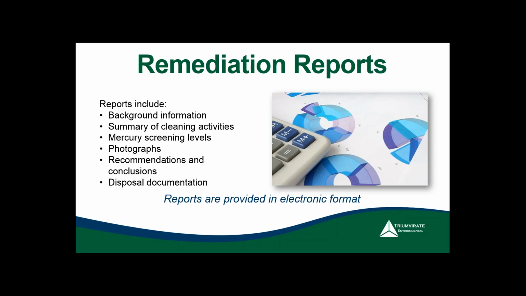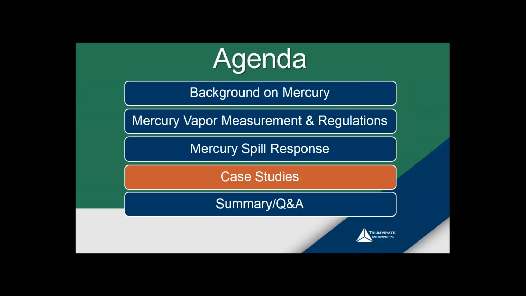We provide the reports in electronic format unless otherwise requested. So that is mercury spill response in a nutshell. With that, we'll move into some case studies, which are real-world spills and scenarios where these ideas, concepts, and regulations had to be applied.